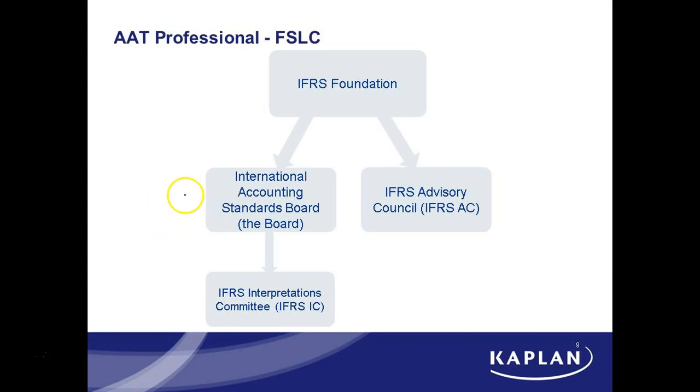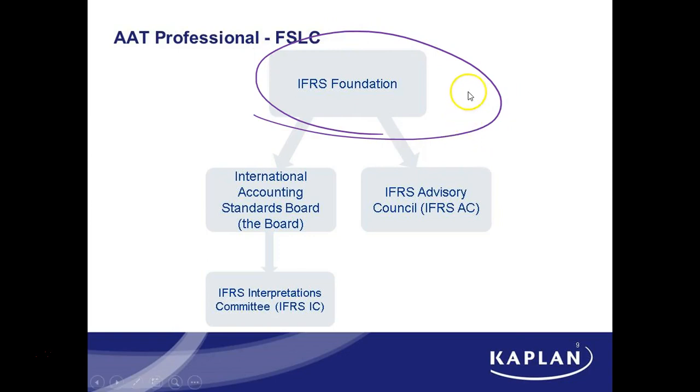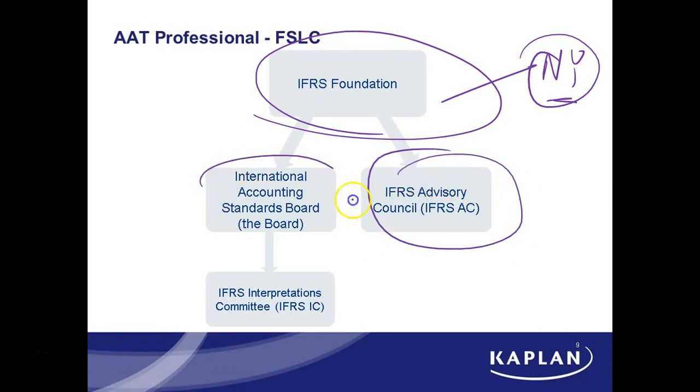And how are these standards set? We have something called the International Financial Reporting Standards Foundation. I have a hint that they're in New York somewhere. Underneath them, you have the International Accounting Standards Board, and then you also have the International Financial Reporting Standards Advisory Committee. This is all just nice, gentle theory.